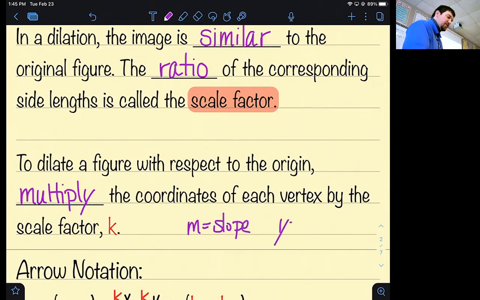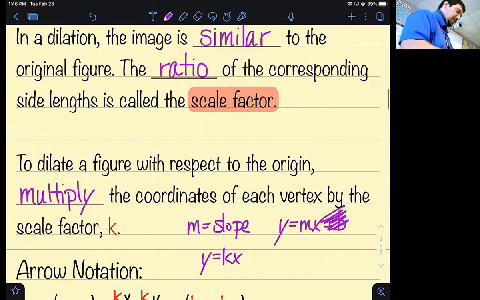So a direct variation is actually y equals mx, because the b value, because it goes to the origin, doesn't have to be written. And in 7th grade, you would have said y equals kx instead of y equals mx. But that k means we're multiplying x by that value. So k is always a multiplication.